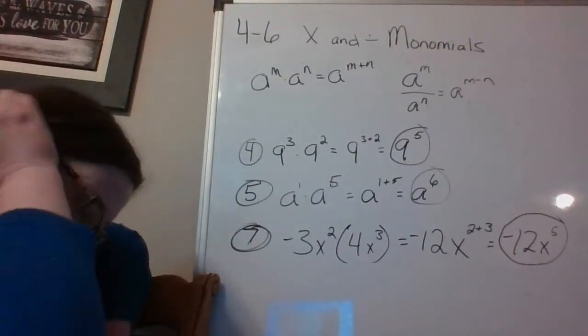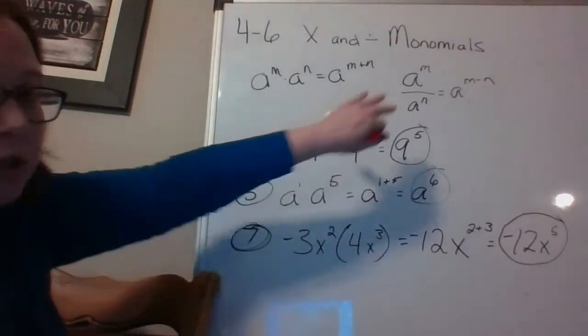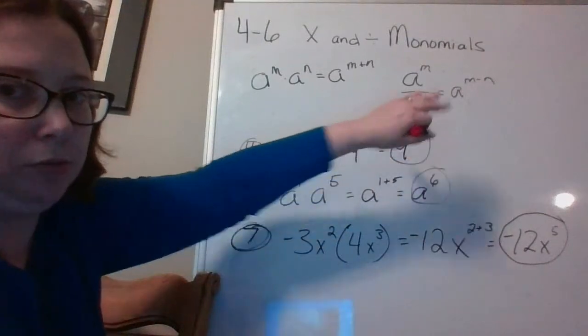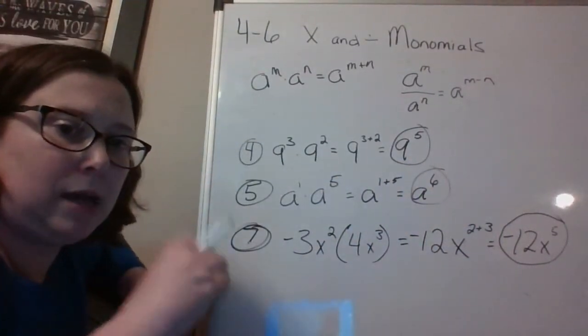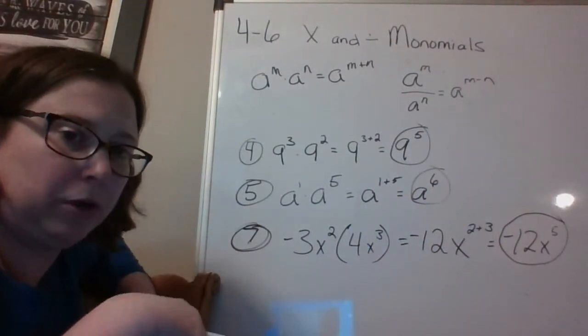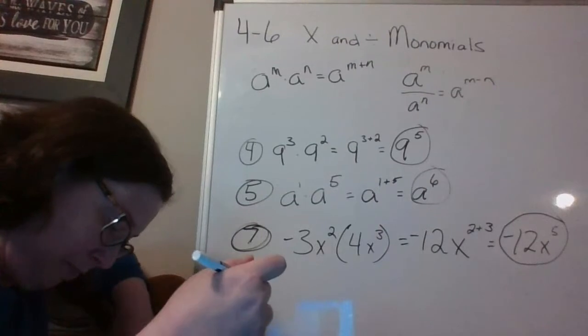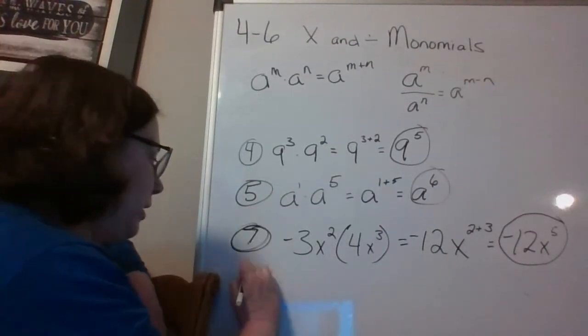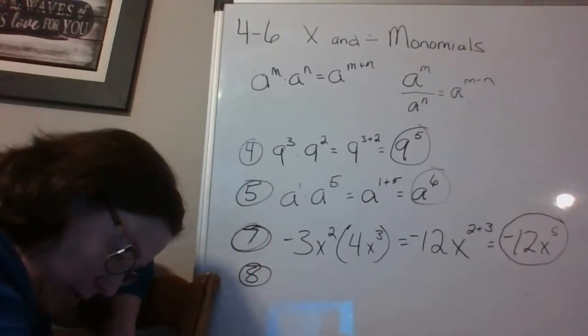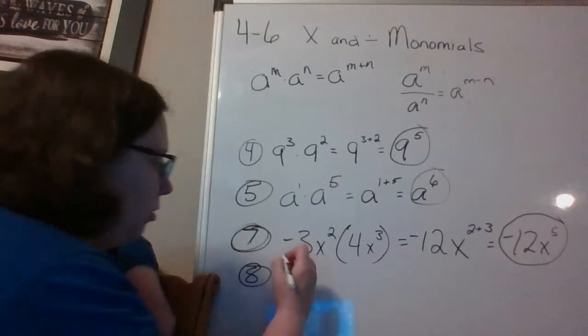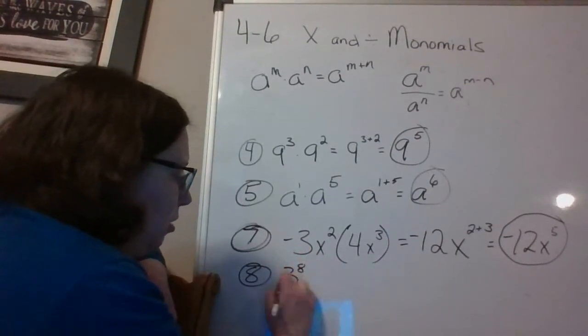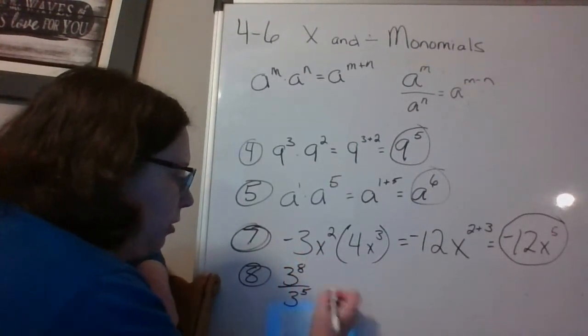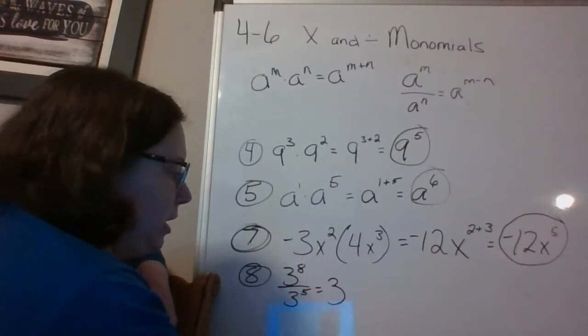Okay, now on to some division examples, where we're using the rule where you take the top exponent minus the bottom exponent and keep it on that same base. So number 8 is 3 to the 8th over 3 to the 5th. We have the same base.